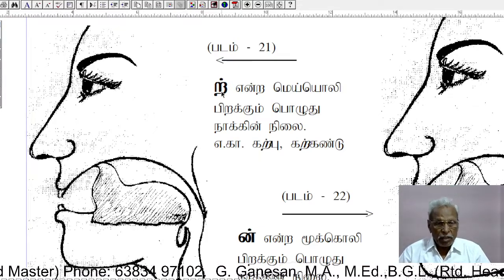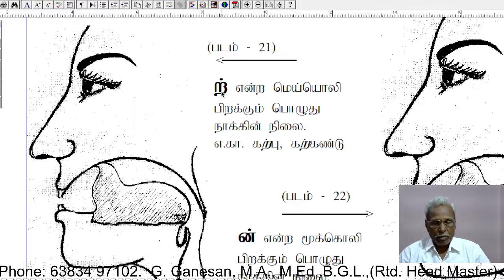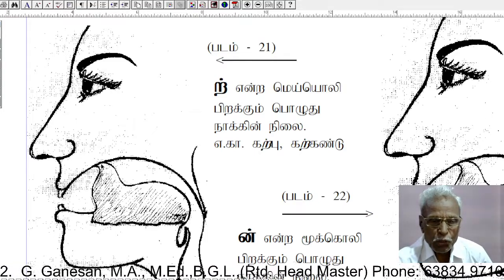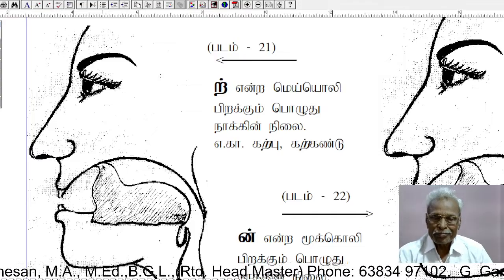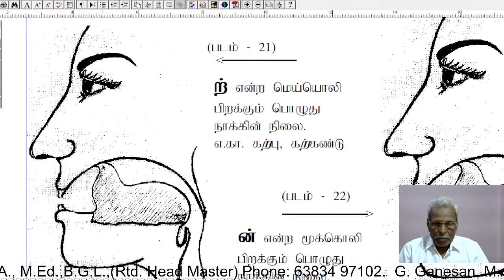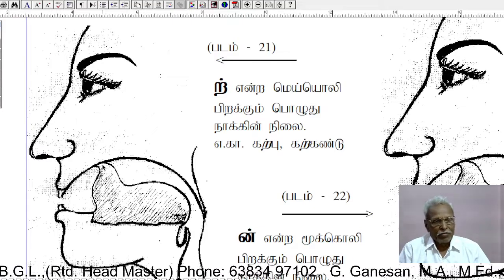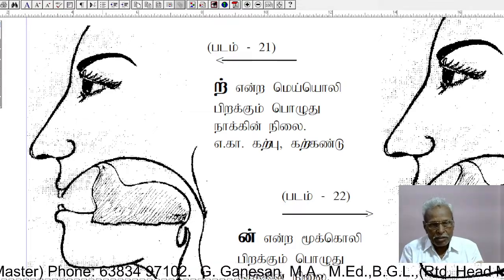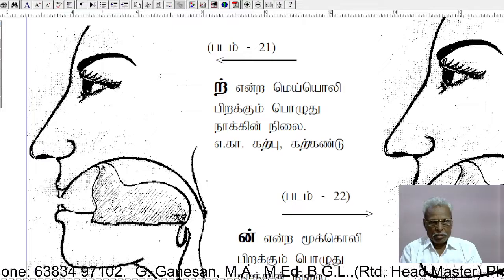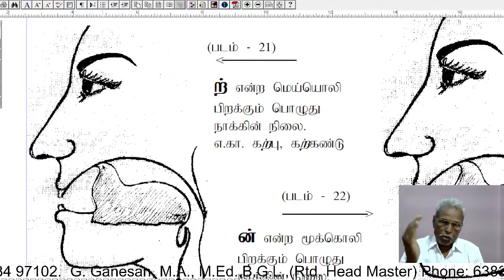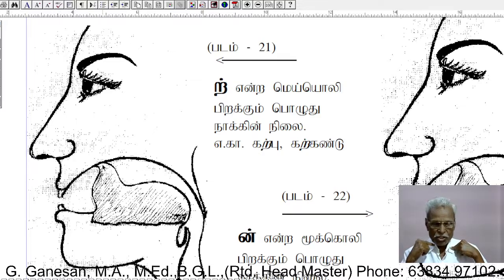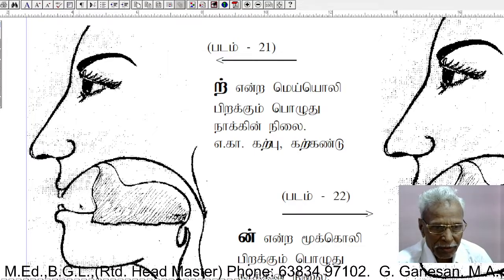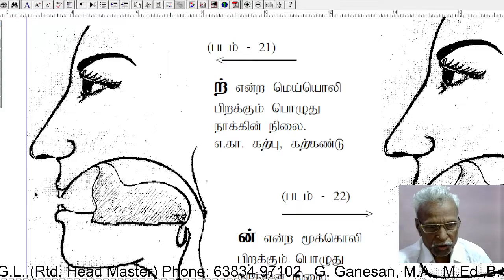This phoneme ir is produced by raising the tip of the tongue towards the middle of the roof and making a tight contact with the roof and sending out the air that is pushed out by the vocal cords through the sides of the tongue and the mouth.